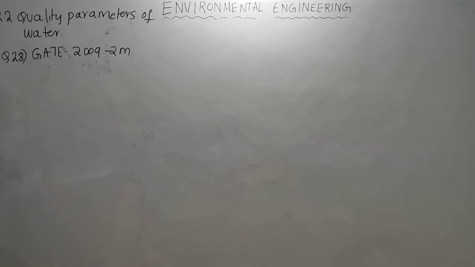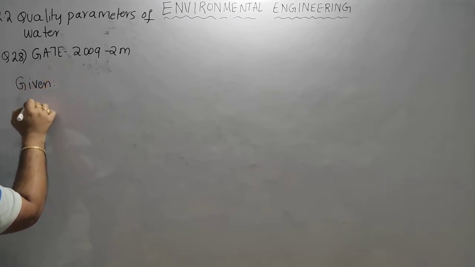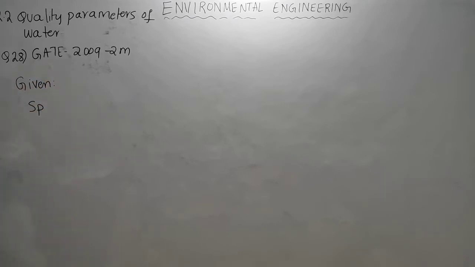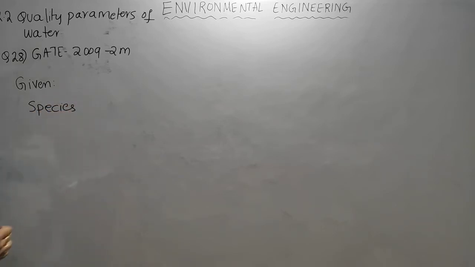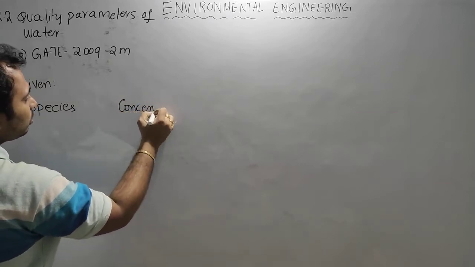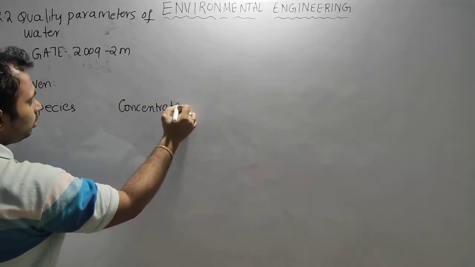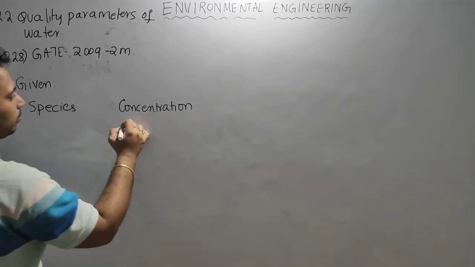So they have taken a well water and they did chemical analysis, and the following species are found. Okay, so what is the species? So given data, species and its concentration, concentration in milli equivalent per liter.